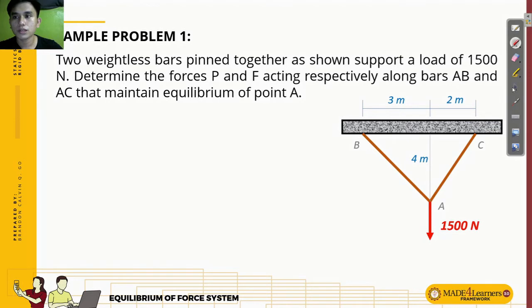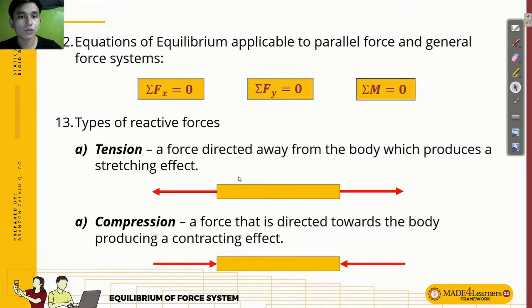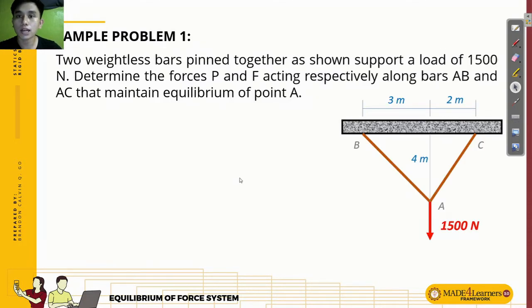So, how do we do it, class, no? If concurrent force, we take the summation of forces along X and along Y. Tama? Okay, so since it is concurrent, one way to solve this, of course, is to use the law of triangle. So, vertical first, in the law of triangle, we connect all the forces at point A head to tail.